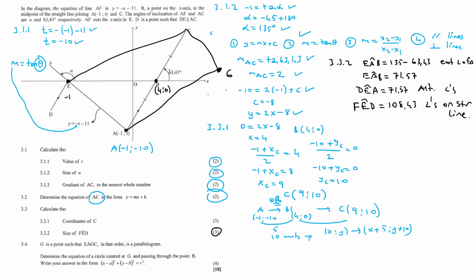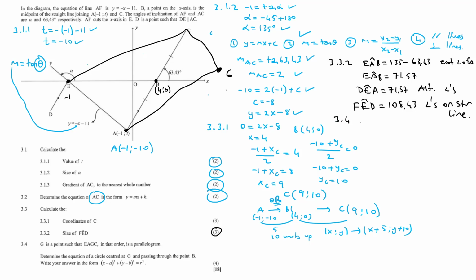Now, since it is a parallelogram, we can find out the coordinates of G, because, did we have the coordinates of E? We can find the coordinates of E easily. Why? Because that is the x-intercept of that equation.